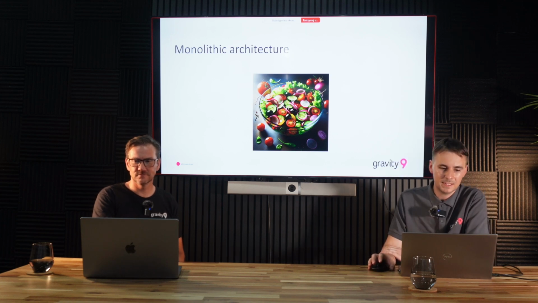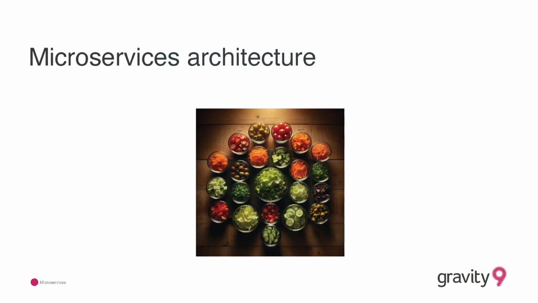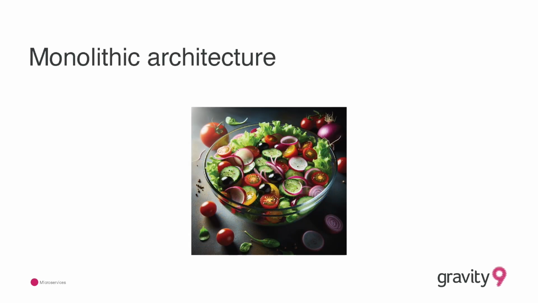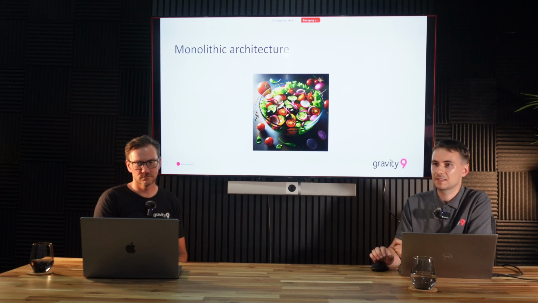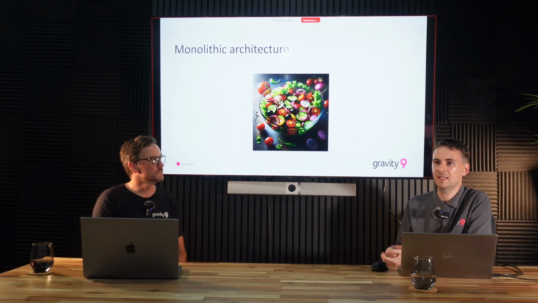Let's take a look. Once again, the salad analogy, right? We saw earlier that microservices were like individual bowls with separate ingredients. A monolith is like a salad. Everything is mixed together. It's intertwined, right? So you can't say that any ingredient is independent. They all compose one dish, right?